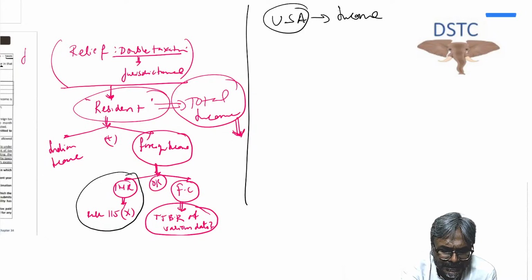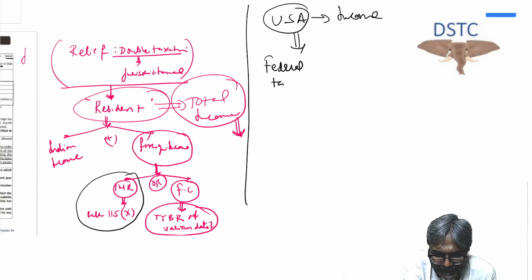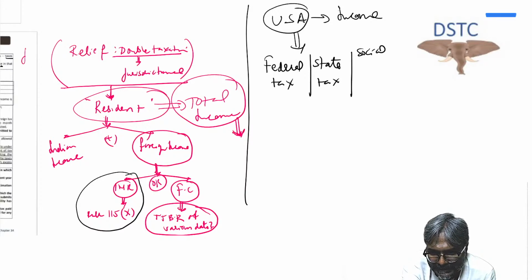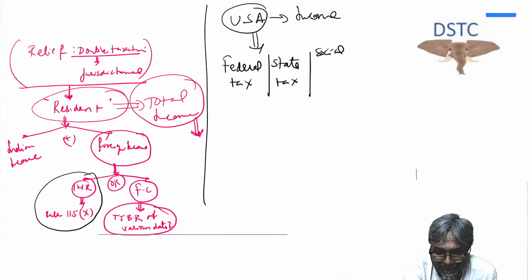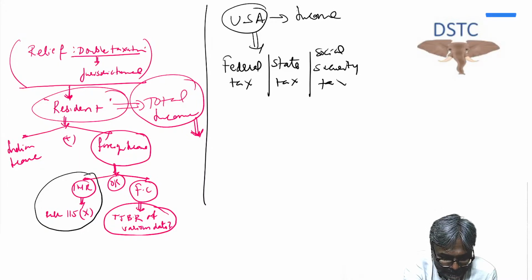Now in USA, they are applying taxes: federal tax, state tax, and social security tax. These are the 3 taxes they were applying on the income.